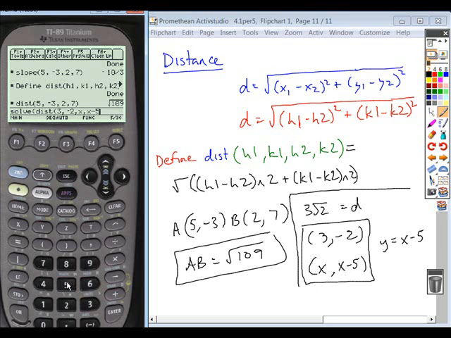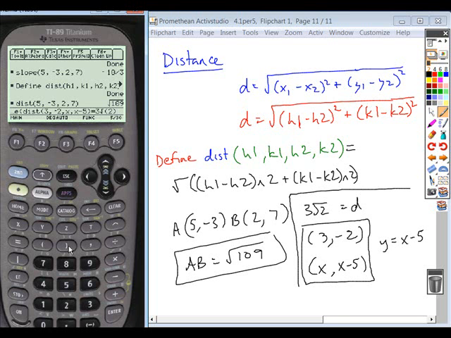Again, you still would need to understand that the y coordinate is just based on the function. And what do we know this distance has to equal in this problem? 3 root 2. So if we type in 3 and then the square root of 2, close that off. Okay, and now we have our equation entered.